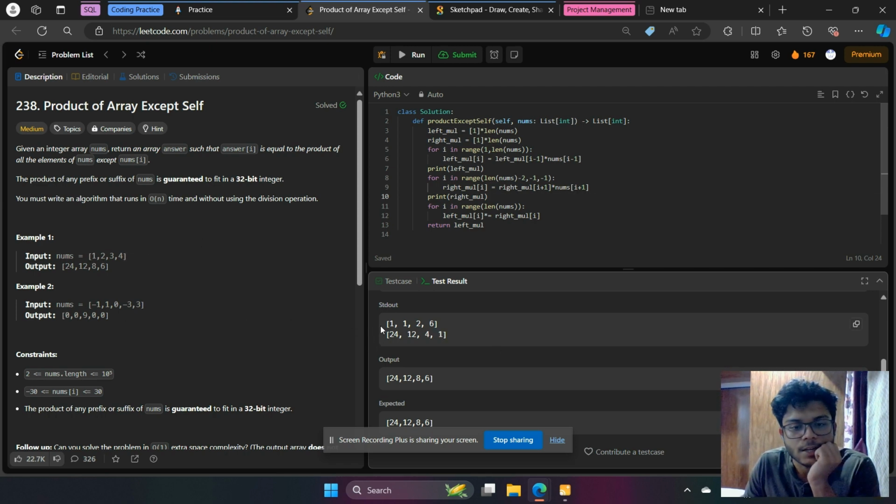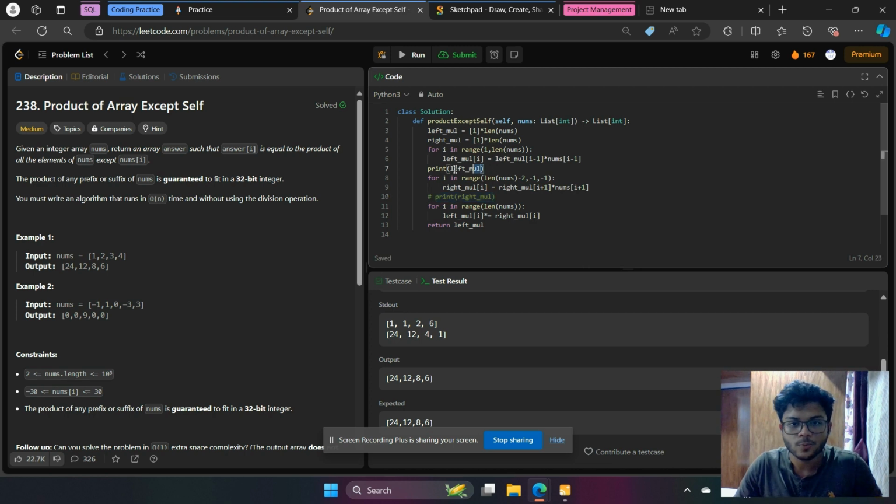Then we are multiplying this 1 with this 1 for the second value, and this 1 by this 2 for the third value. So we are getting the product of the numbers to the left of each number. And for the right mul array, we are getting the product of the numbers on the right side of the array. That's how this is working.